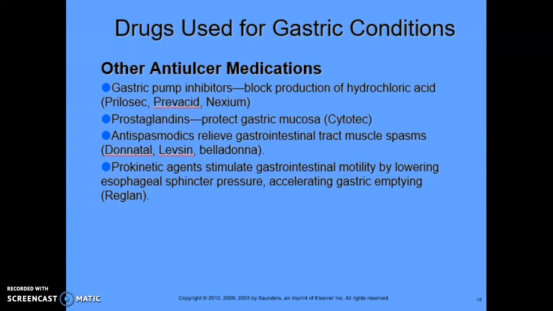Antispasmodics relieve gastrointestinal tract muscle spasms, like Levsin. And prokinetic agents stimulate the gastrointestinal motility by lowering the esophageal sphincter pressure and accelerating gastric emptying. So Reglan would be an example of that type of drug.